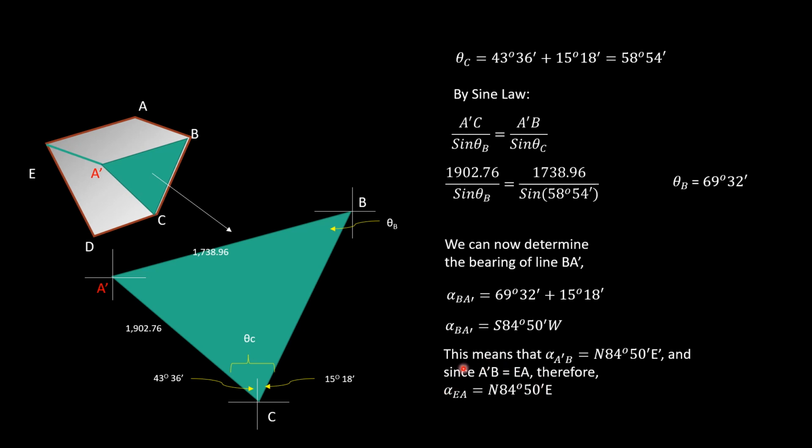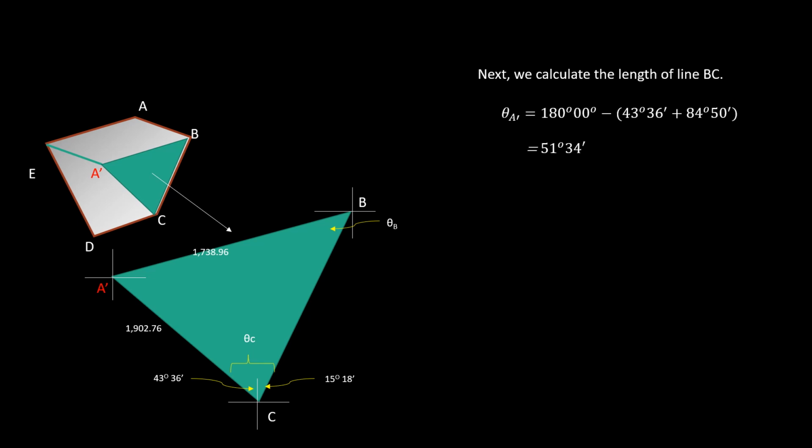The next thing that we will calculate is the length of line BC. We need to find first the angle theta A prime. Theta A prime is simply 180 degrees minus the bearing of A prime B, which is 84 degrees 50 minutes northeast, and the bearing of A prime C, which is south 43 degrees 36 minutes east.